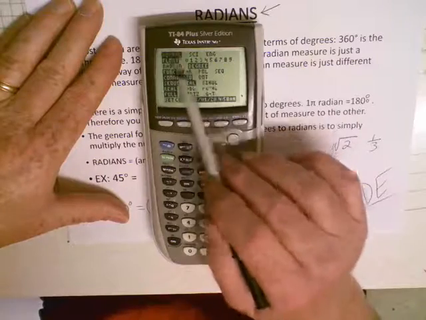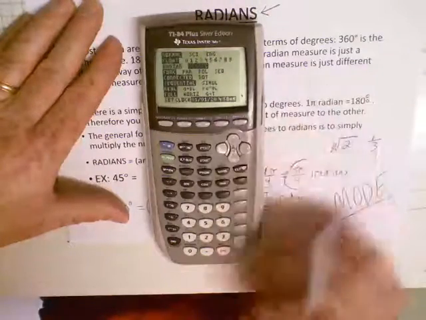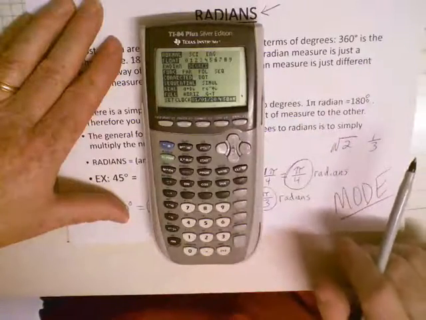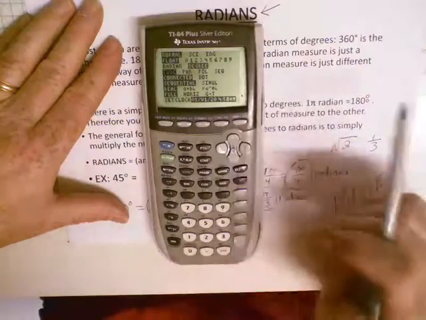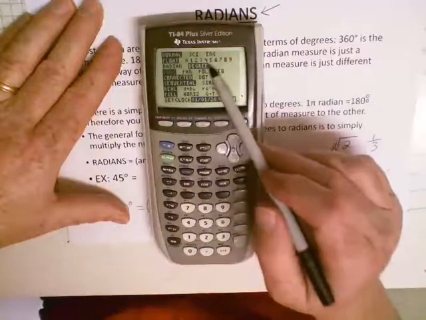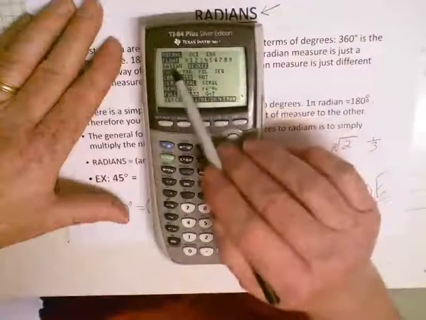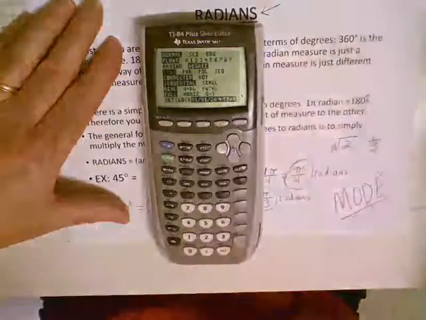So if you have the big calculator, you go down to that third one and make sure degrees is blackened in. Because if you don't do this, everything that we're going to do on this calculator is going to be in radians and it's going to be giving you the wrong answer.